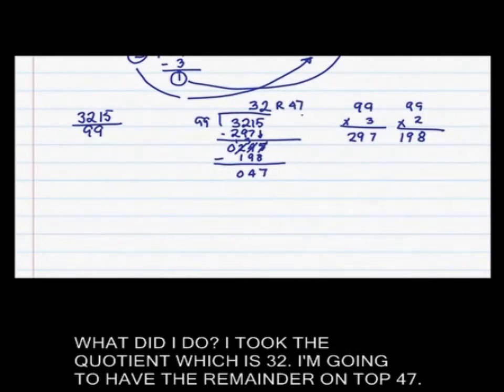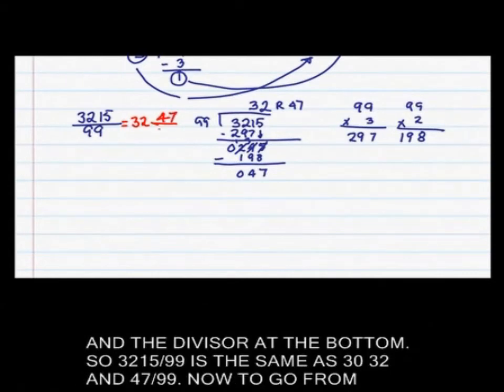So what did I do? I took the quotient, which is 32. I'm going to have the remainder on top, 47, and the divisor at the bottom. So 3,215 99ths is the same as 32 and 47 99ths.